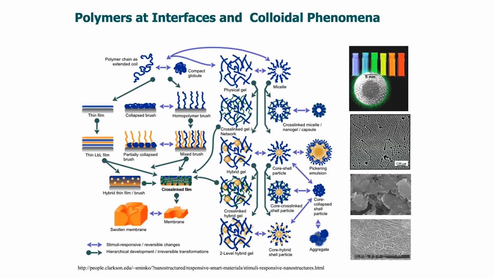Now, the area of polymers at interfaces and colloidal phenomena spans the gamut of surface functionalization, aggregation, ordering in colloidal particles, polymer brushes, membranes, and ordered multilayers, where the dimensions and the particle size are similar to what we observe with carbon-based, metal oxide, semiconductor nanoparticles, and so on.